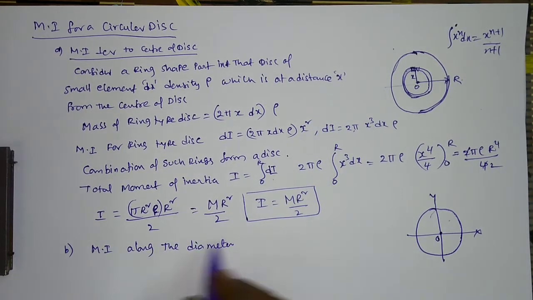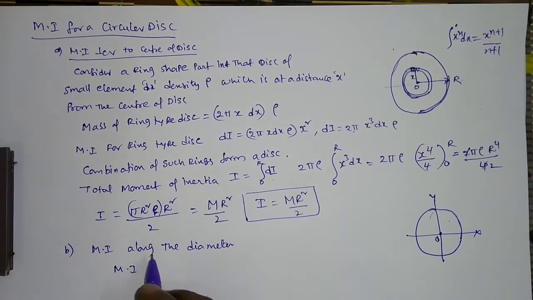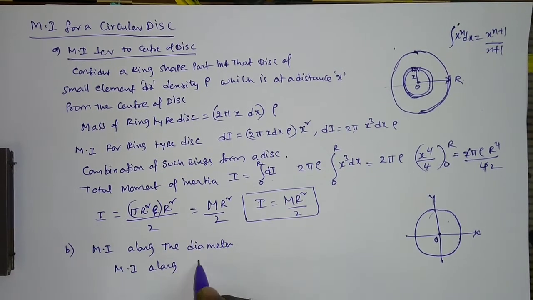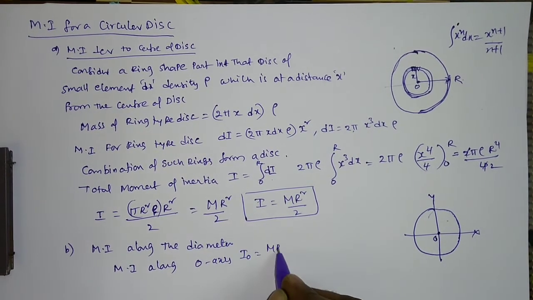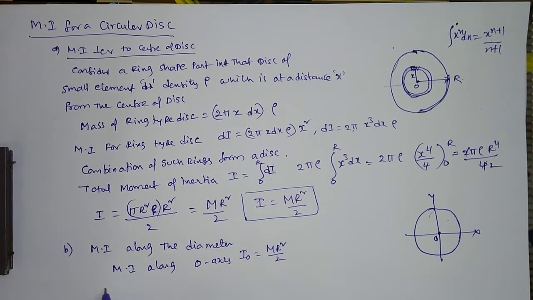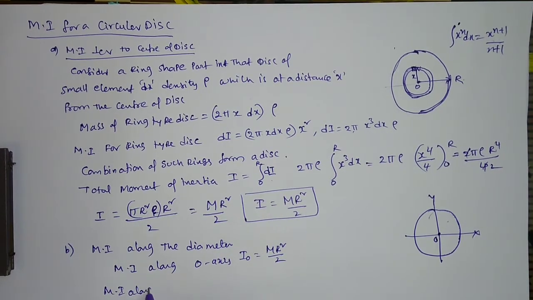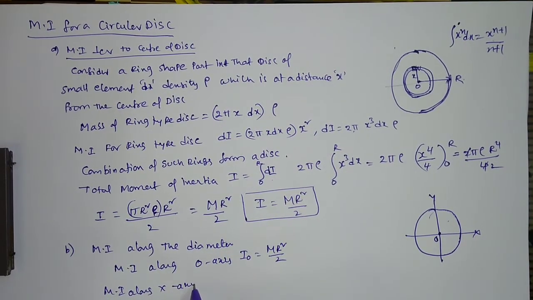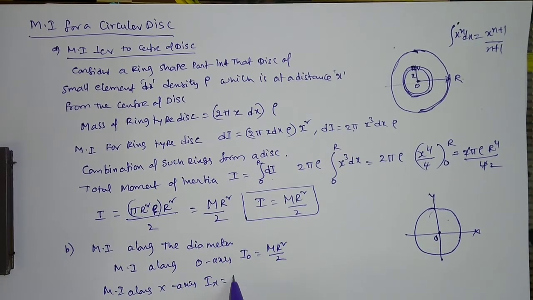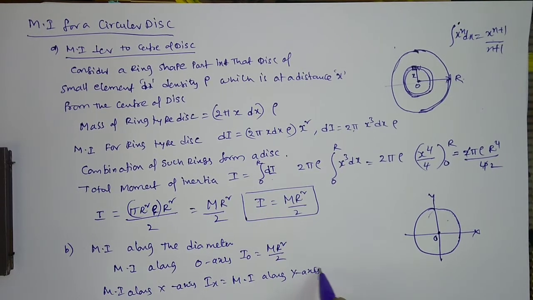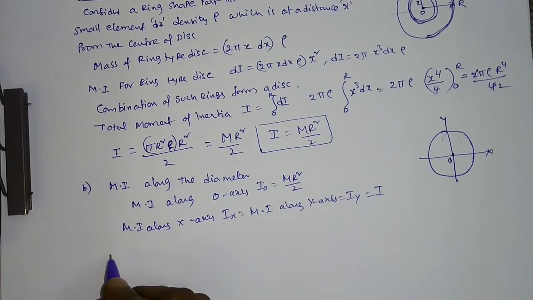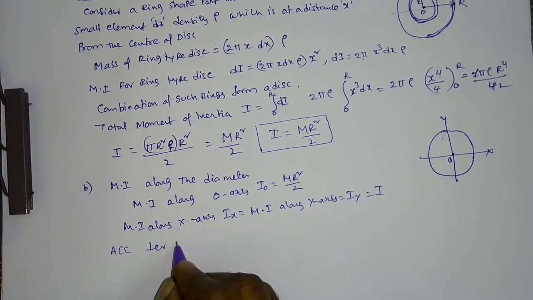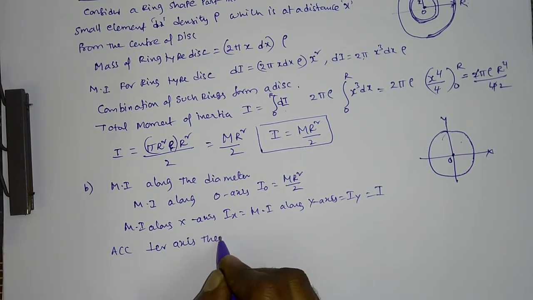So moment of inertia along the O axis, I0, is equal to m r square by 2. The moment of inertia along the x-axis, Ix, equals the moment of inertia along the y-axis, Iy, which is nothing but I, according to the perpendicular axis theorem.